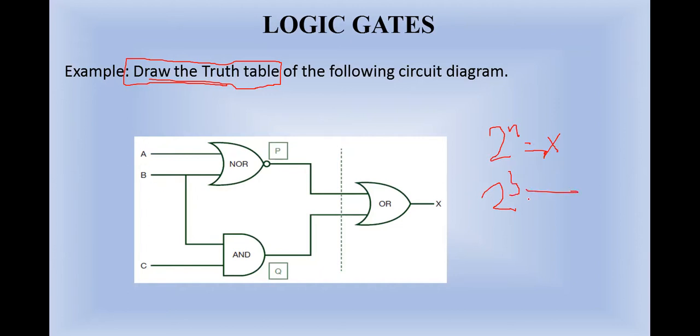Then the variable outputs, they are going to be 8. That should click first. We've got A, B, C as input. That is the first thing you're supposed to understand. So before we go into the details of this, let's put this one together on the board.